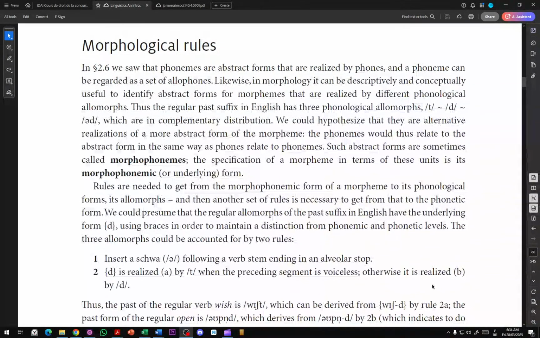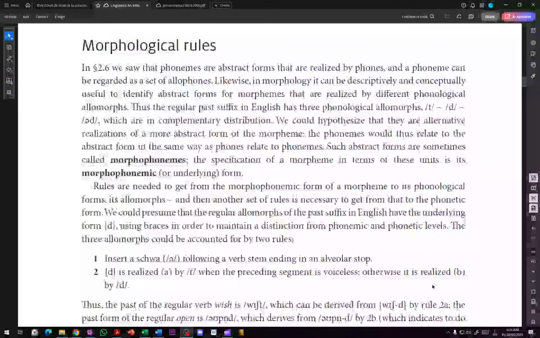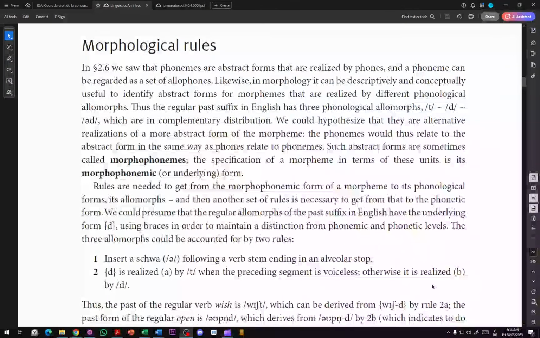We could presume that the irregular allomorphs of the past suffix in English have underlying form D, using braces in order to maintain a distinction from phonemic and phonetic levels. What is this? Okay.